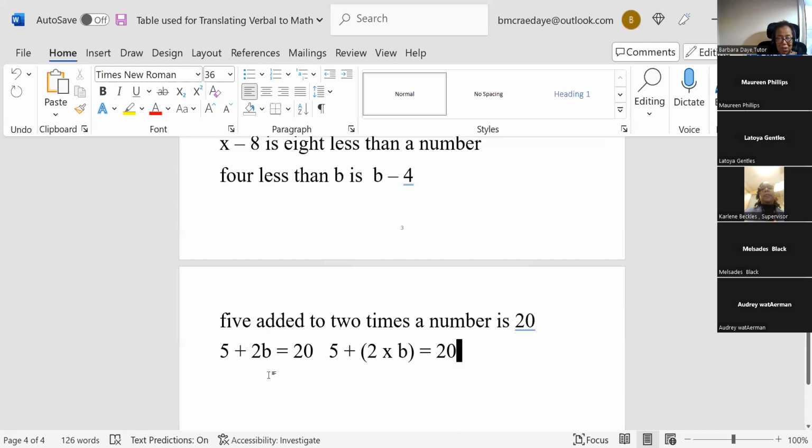Yes, I'm fine. So you see why the other way wasn't right? Because the other way was saying add 5 to 2, and then yours was 5 plus 2 times B, right?